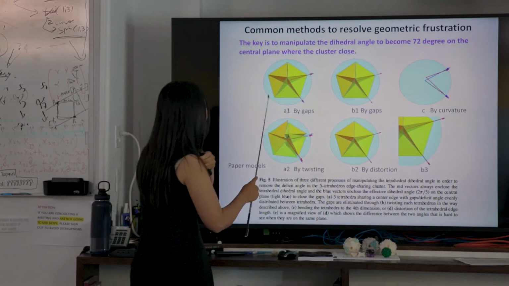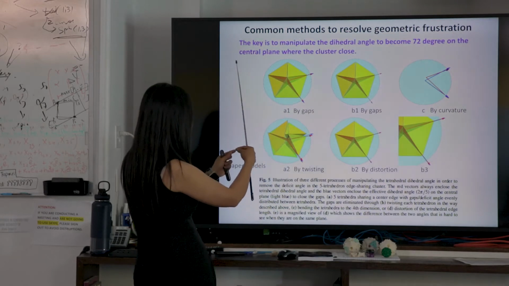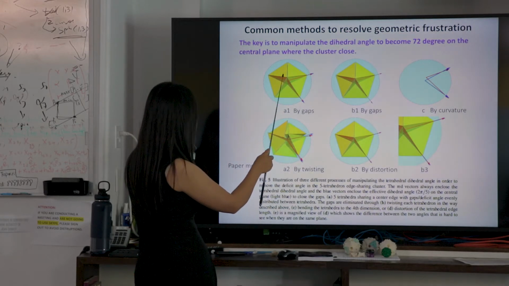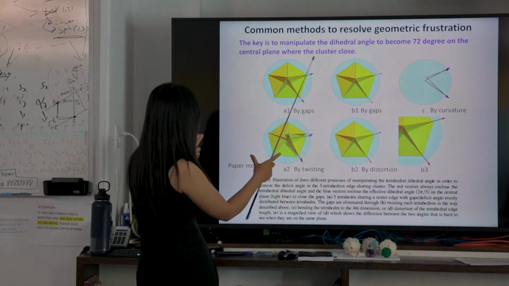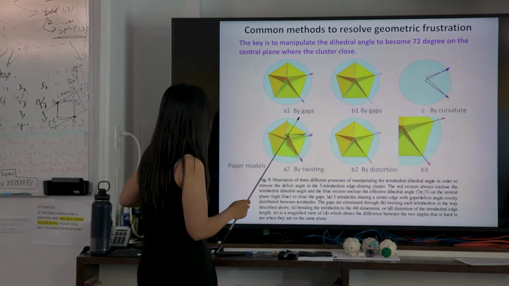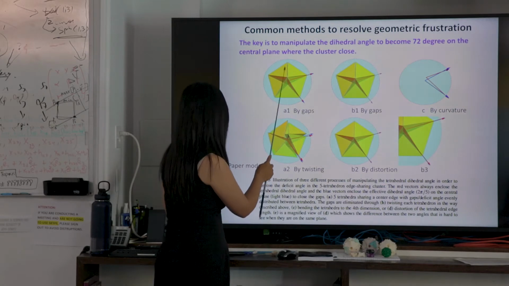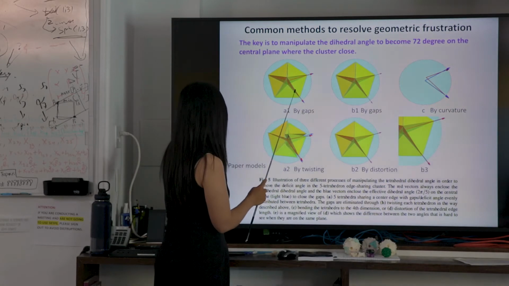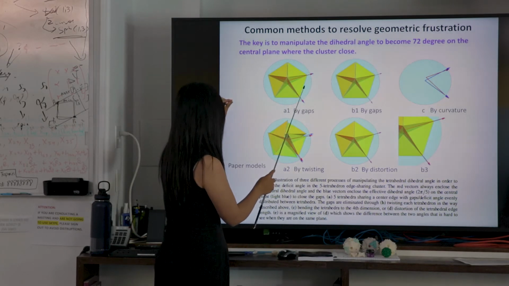So how are we going to manipulate that 70.5 to become 72? Then this whole circle is going to be closed, so there won't be any gaps. The first method is with the gap: use the gap to encode that information.